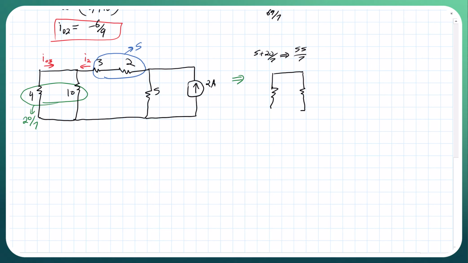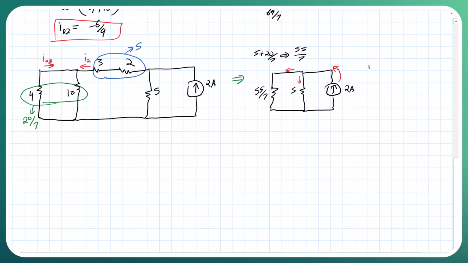And we're going to keep these guys in parallel just because we want to get the current using current division. Where this is 55 over 7, and this is going to be 5, and this is going to be 2 amps. Remember we said our current is coming this way, and it's going to branch off into both of these branches here.